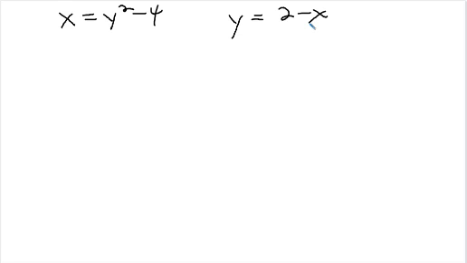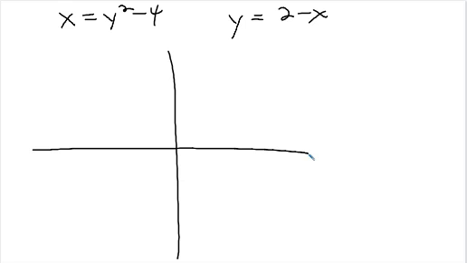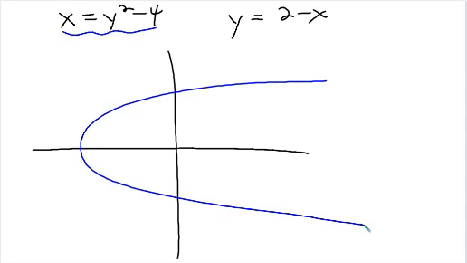Well, first, I have this sideways parabola, which is facing to the right and moved to the left 4. 1, 2, 3, 4. And then I have a regular old linear with a y-intercept of 2 and a negative slope, which I happen to know is right there.